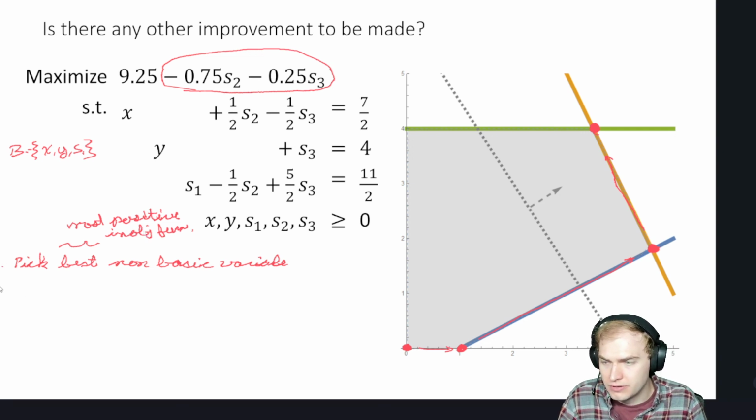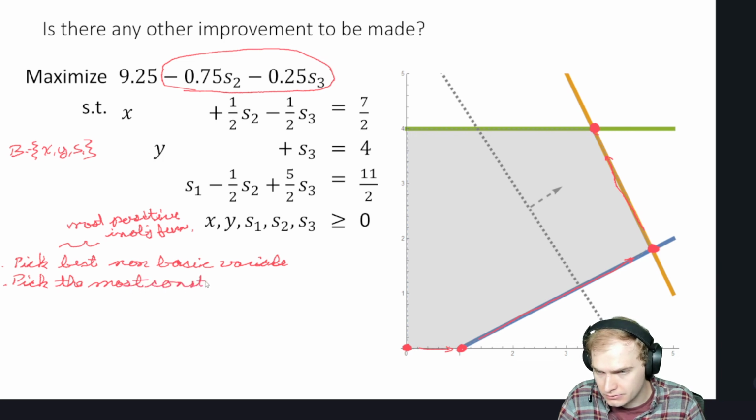And then we're going to pick the most constraining basic variable.